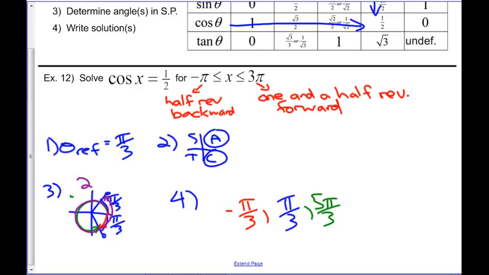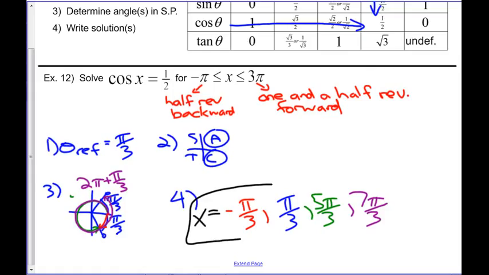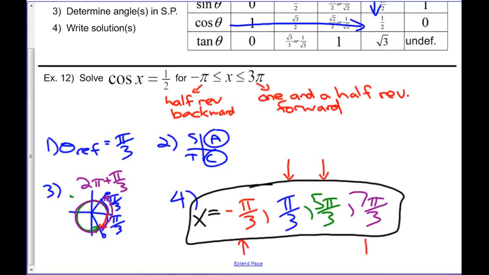It would be a full revolution plus another pi over 3. And if you convert to a common denominator and add those up, you'll get 7 pi over 3. Those are all the solutions on the specific domain. So these two we probably would have got either way. The other two we have to look for by going beyond that first revolution.